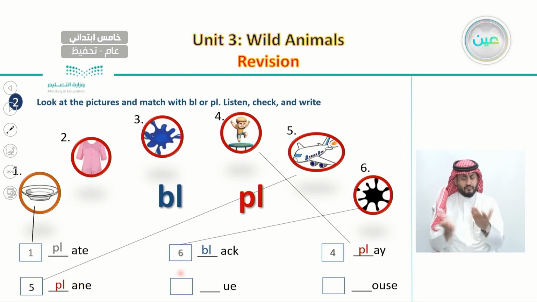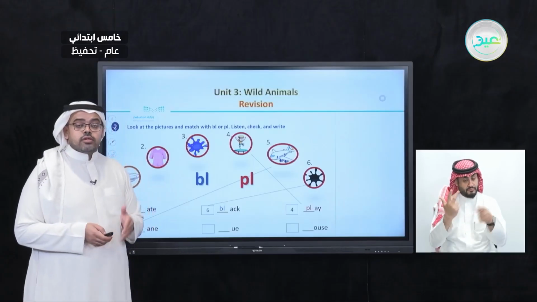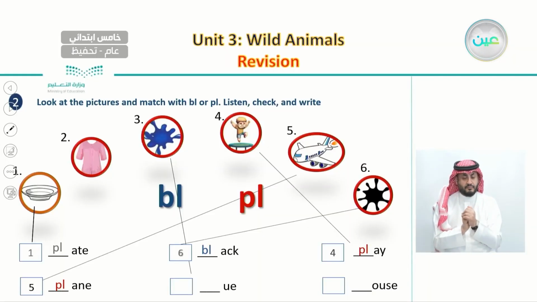Now we have 2 pictures remaining. So what do you think? What did we say that this word matches? Does it match number 3 or number 2? Of course, it matches number 3, and it is the color blue. So say it with me. Blue, blue.